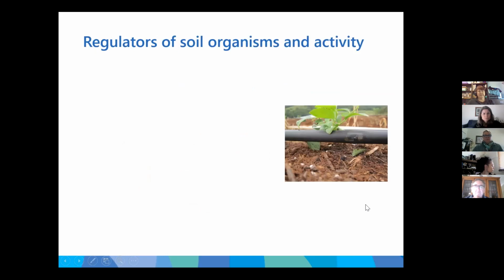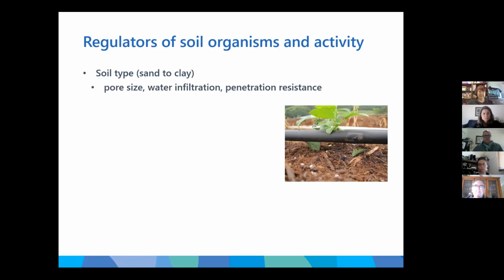So those are the organisms. So what then controls the organisms themselves and their activity? One of the very important controllers or regulators is the soil type, like its texture, from very, very coarse sand, which has lots of pore sizes, to very, very tight clays, which are very tightly bound and more compact.